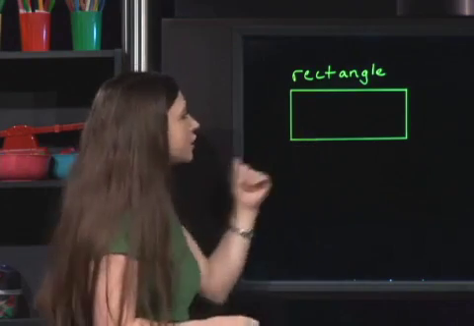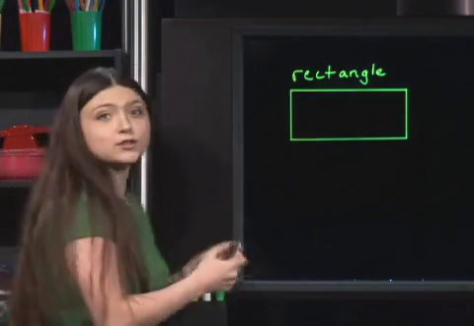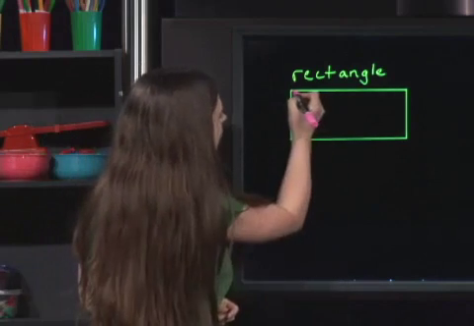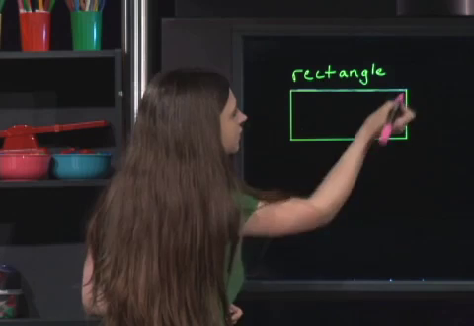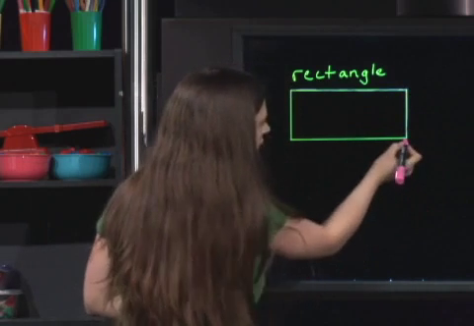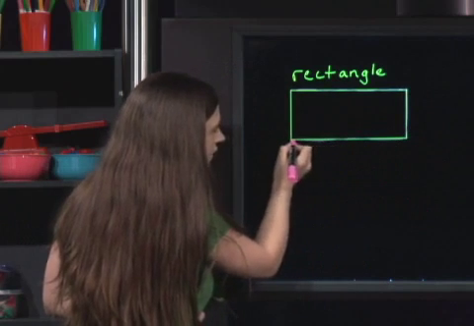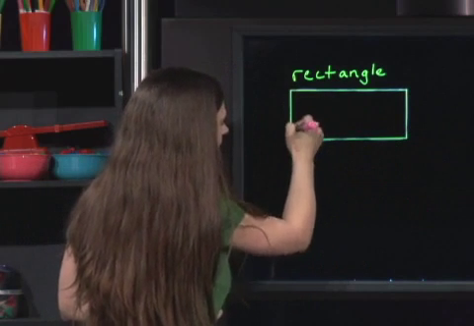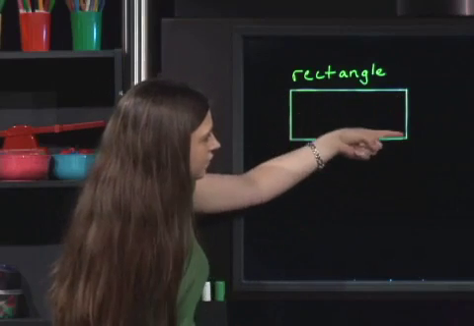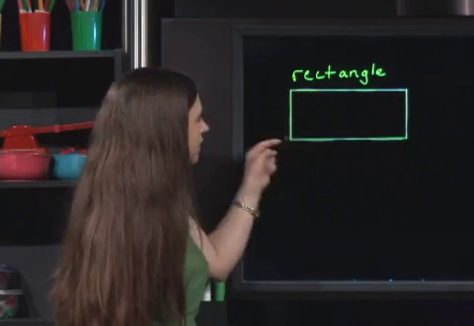Now, I want you to watch carefully because I'm going to show you what a side is. This is a side. This is a side. This is a side. And this is a side. So each of these parts is a side.